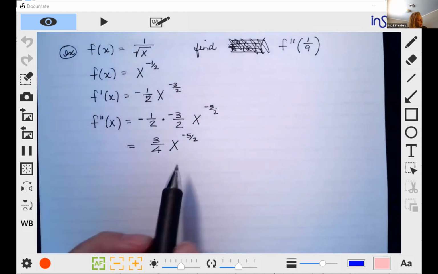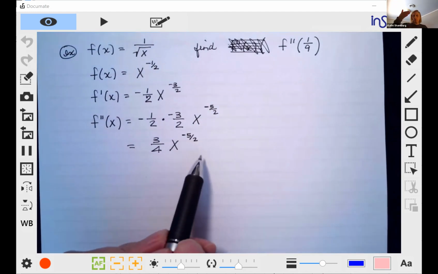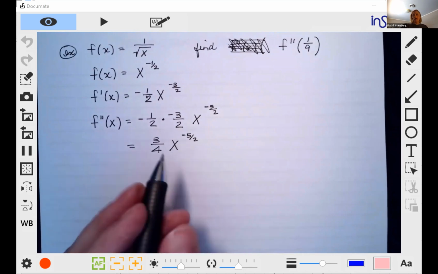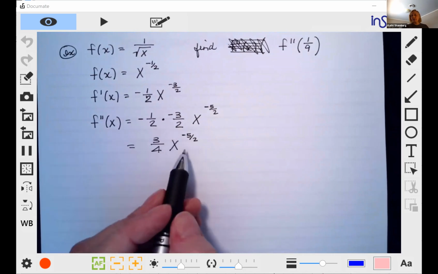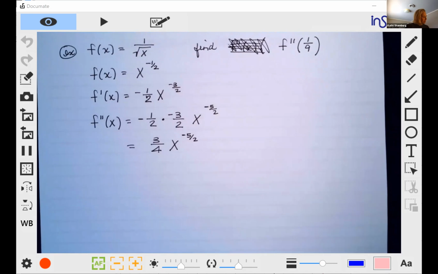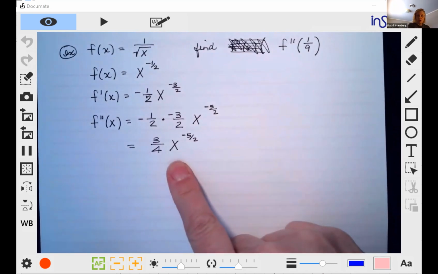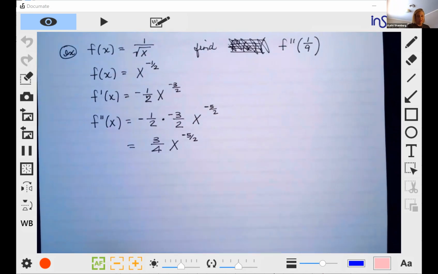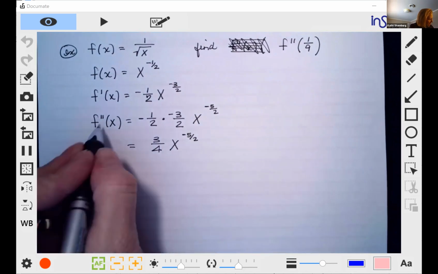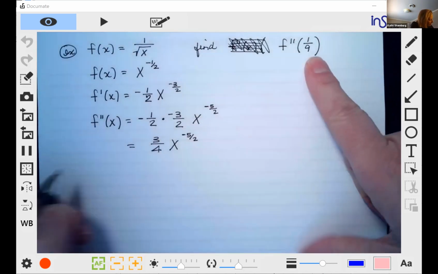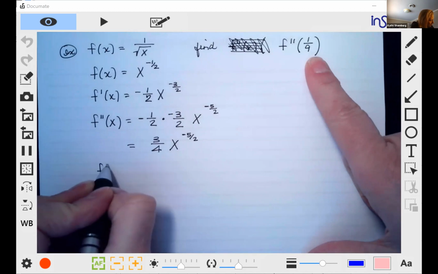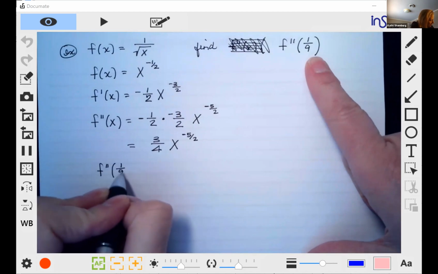Now, you could clean this up if you wanted. You could put it 1 over x, and then this becomes positive. But realistically, we can put it into our calculator here. And I'm going to show you how if you don't know how to do that, because we have the second derivative. Now we want to find that for 1/9.